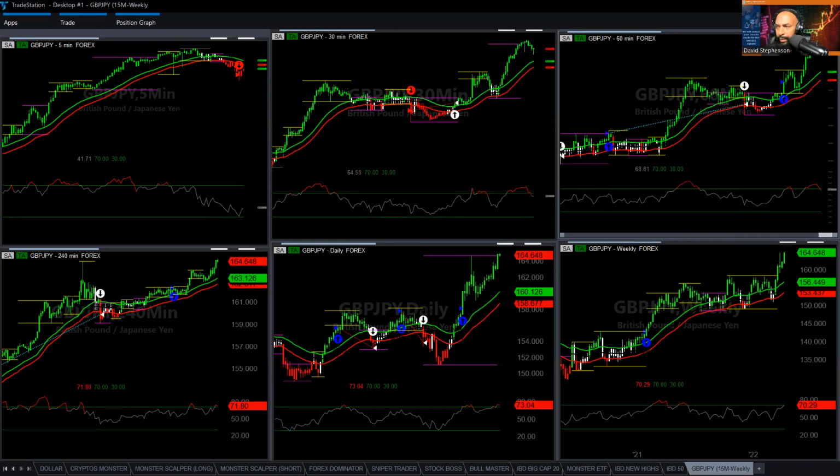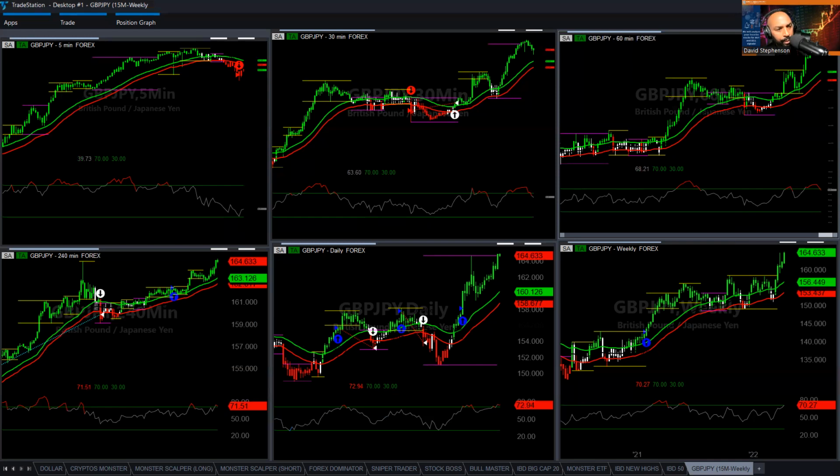So you turn off your longs when you see it's getting really overbought, bring in your short signals and just wait. Pretty cool, huh? That makes sense?